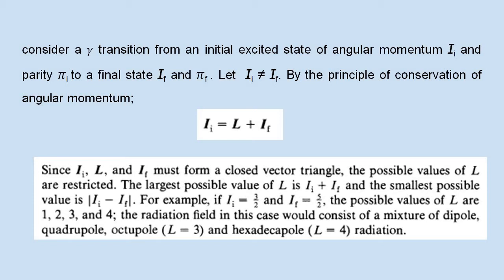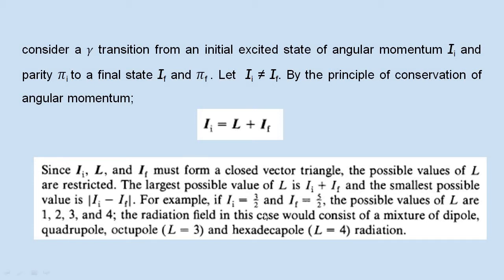The largest possible value of L is I plus I_F, and the smallest possible value is the magnitude of I minus I_F. This is the same case that we get in J, LS coupling, and similar topics.